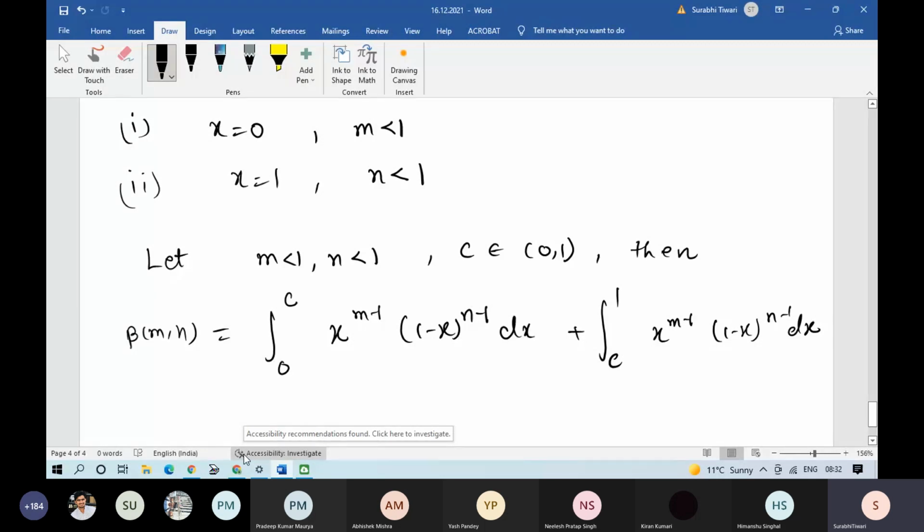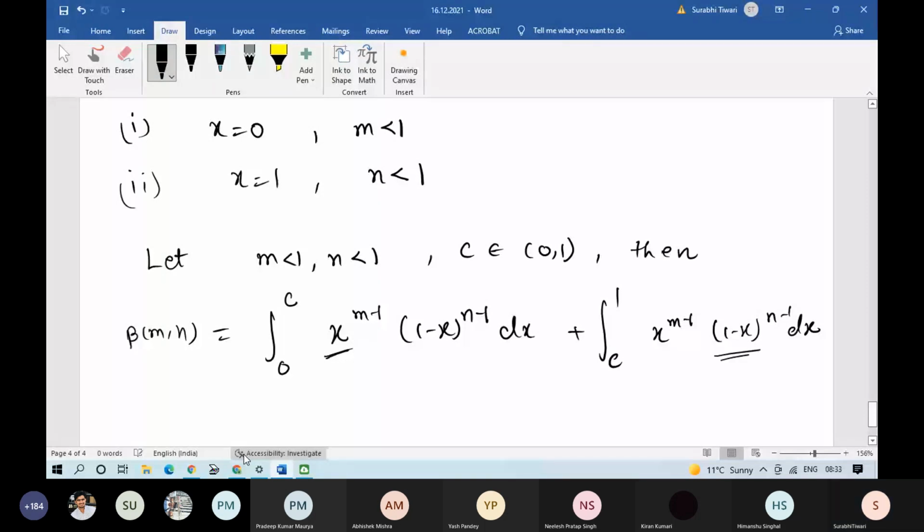We did this so that the discontinuity at the different points falls into different integrals. In the first integral, this is an improper integral of the second kind due to this term, and in the second integral, this is an improper integral of the second kind due to this term.